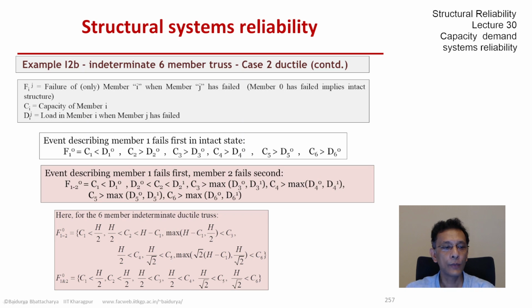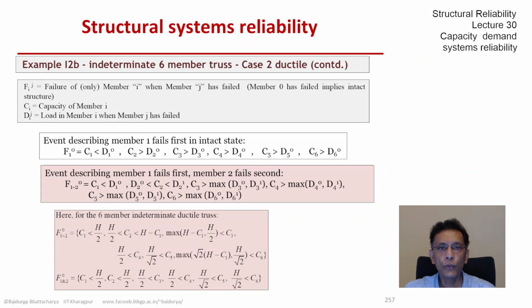So that way we can now bring in the actual load values from the load table in the previous slide, and we can define the event F01-2, where again you see all the max functions because we have that in place already, and you see all the CIs there in the max also. So when one has failed, it does not mean that C1 has vanished. So C1 actually shows up in these limit states repeatedly.